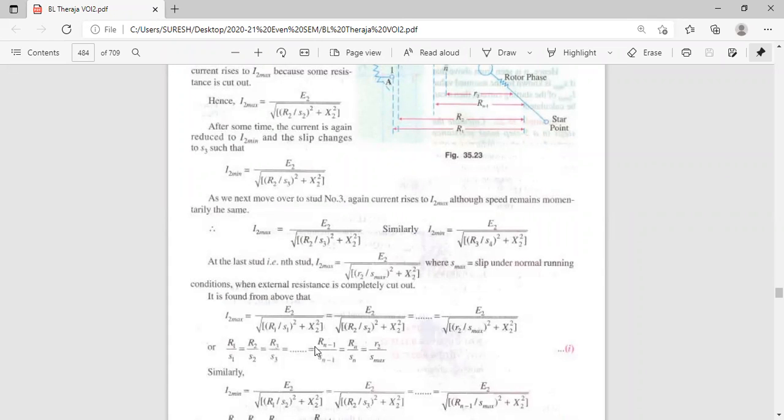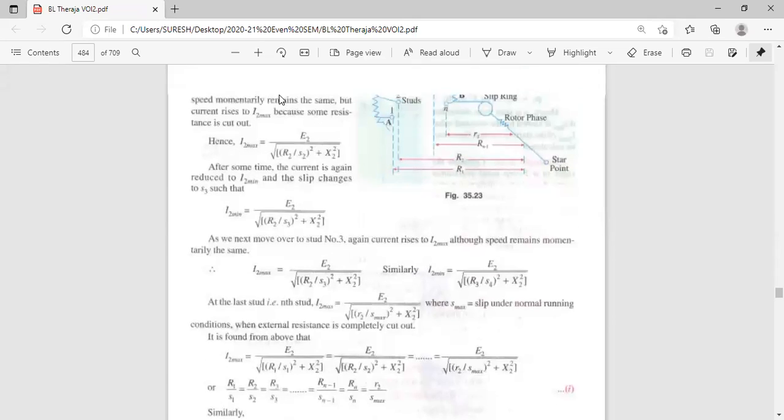Last one is R2 by S max. Before that, Rn by Sn. See here, R1 by S1, R2 by S2, R3 by S3. Similarly, Rn minus 1 by Sn minus 1, Rn by Sn. In the final last step, it is R2 by S max.